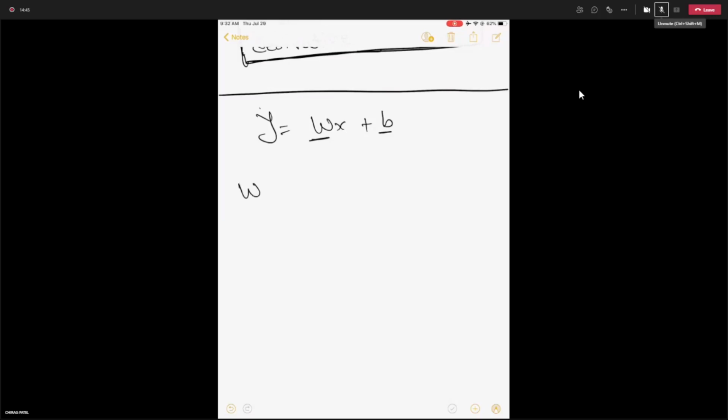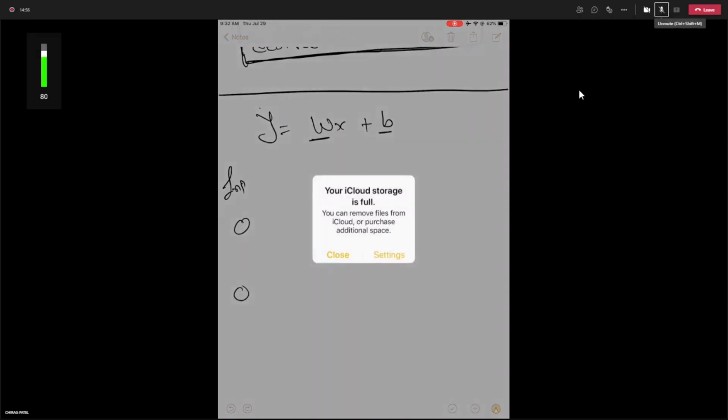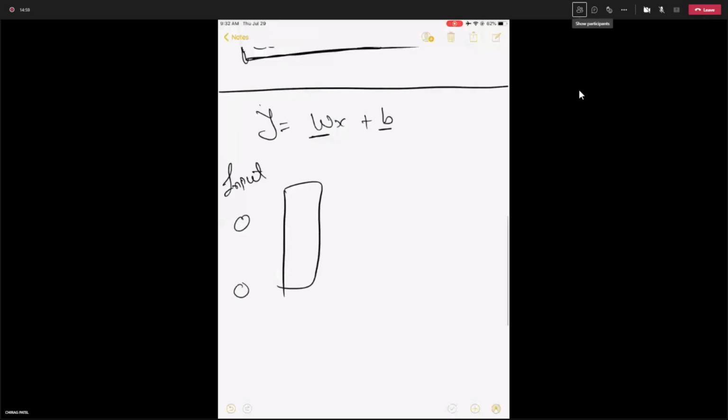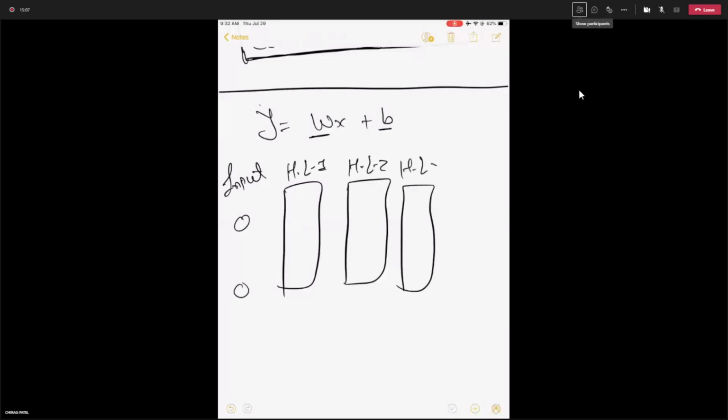When you come up with your backpropagation neural network, this is your input, this is your hidden layer 1, this is your hidden layer 2, this is your hidden layer 3, and this is your output layer. When you provide your input, you provide the label with it.